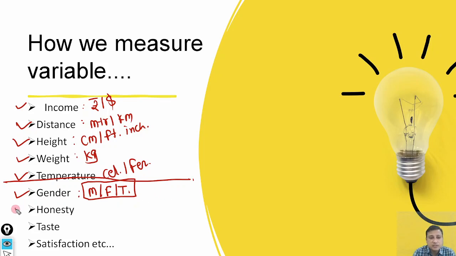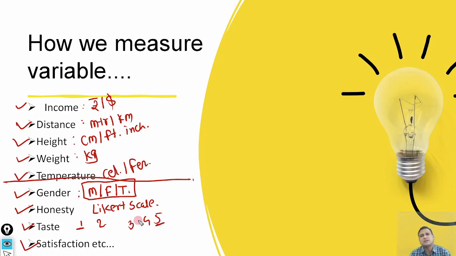How do we measure honesty, or the taste of food, or the satisfaction after a lecture? Do we have some particular scale? Suppose I use a 5-level Likert scale and ask my respondent how much you are satisfied with this lecture, scaled on 1, 2, 3, 4 and 5. So highly satisfied is 1 and the least satisfied is 5.